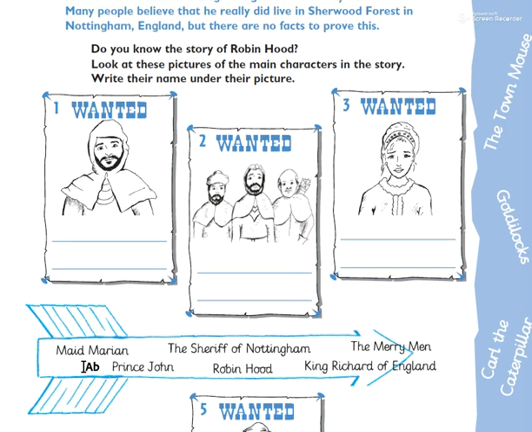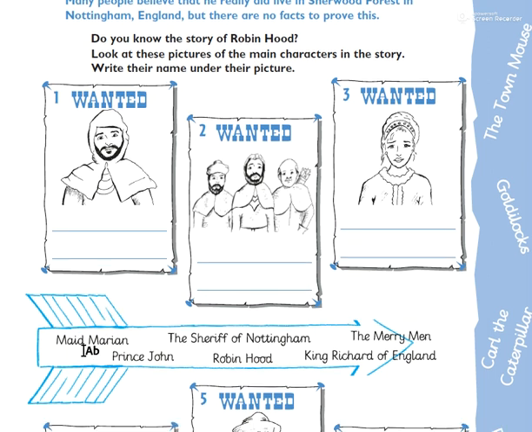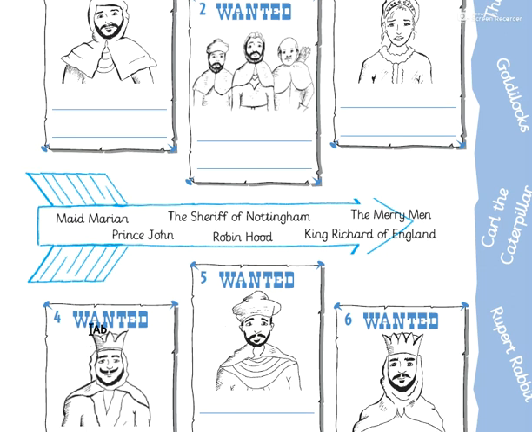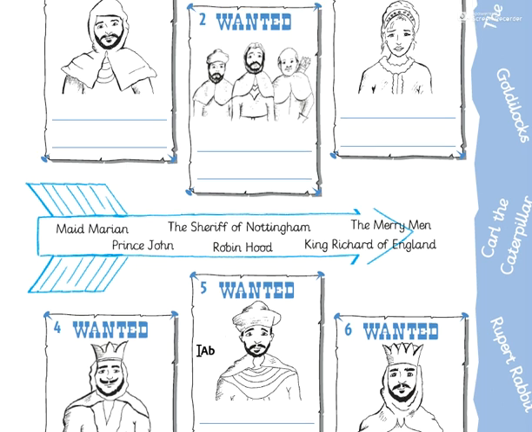Robin Hood and his merry men were taking money from the rich people. yes. Picture 1. Maid Marian was hiding in the castle. Picture 5. Robin Hood was fighting the Sheriff of Nottingham. Picture 4.